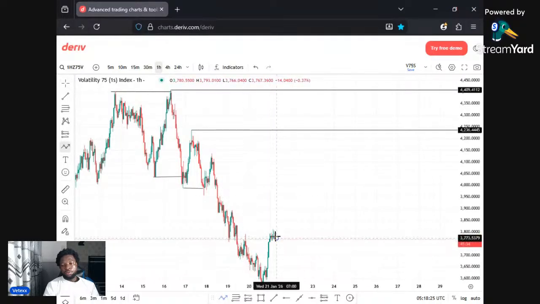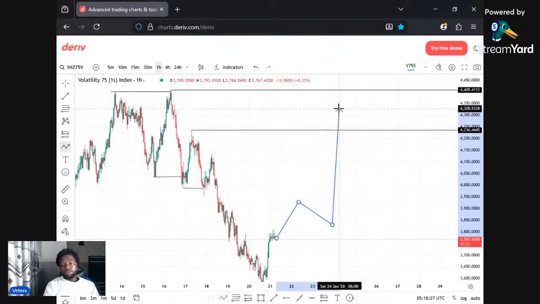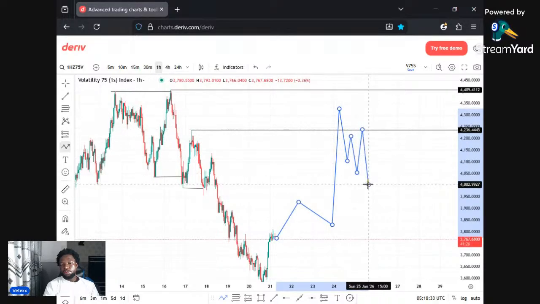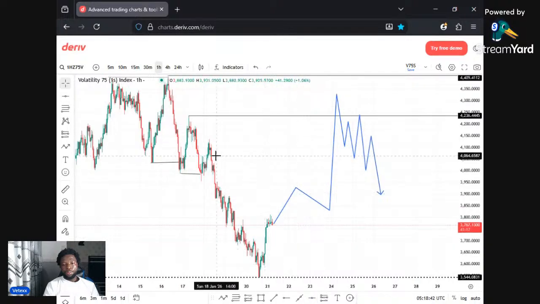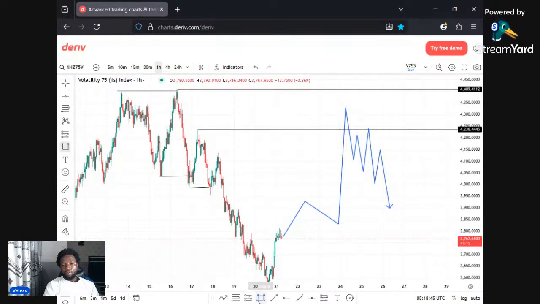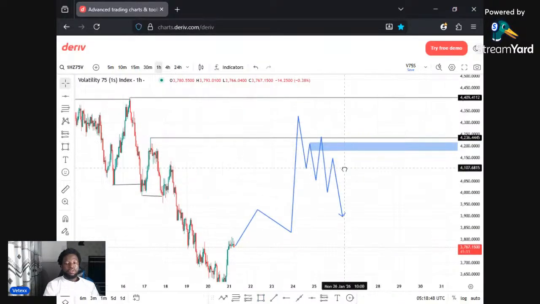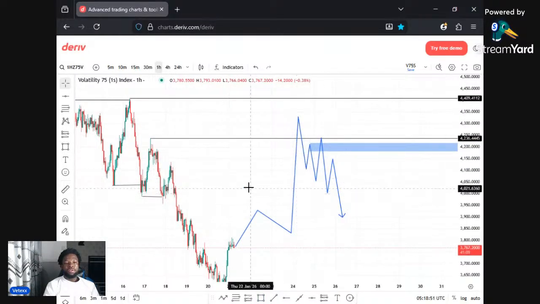So we anticipate a move like this to come here, give us our continuation on the 15 minutes time frame. Then we'll be able to start executing until price takes out this newly created low, which is this. So this is what to anticipate on V75 1S.